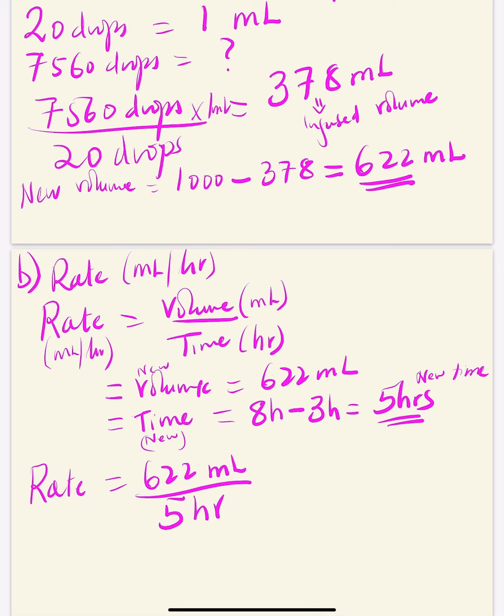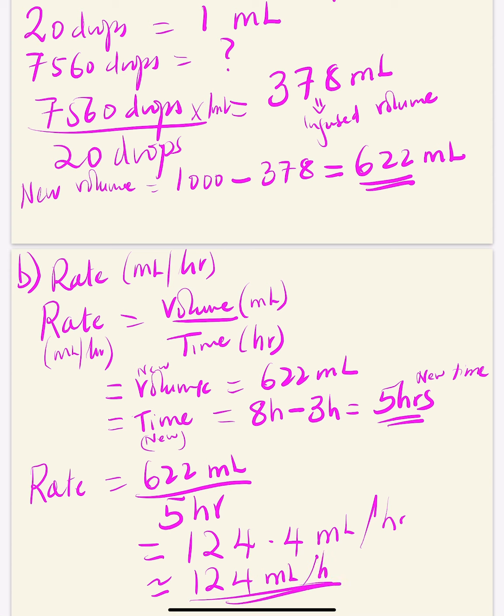This gives 124.4 mL per hour. You can round this down, because the decimal is less than 5, so it doesn't have any effect. Your rate should be 124 mL per hour, and that should be your final answer.